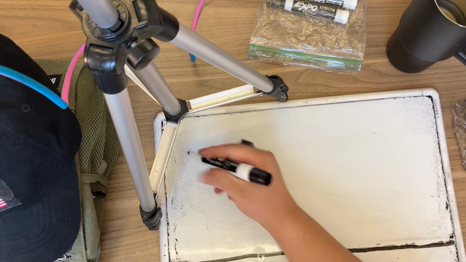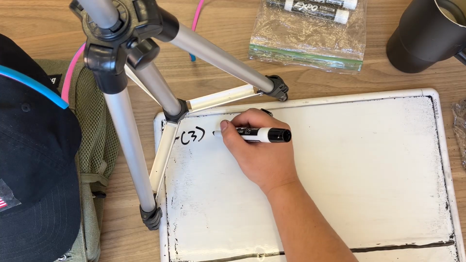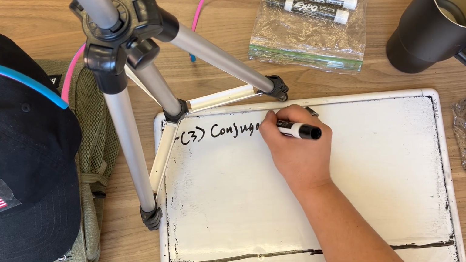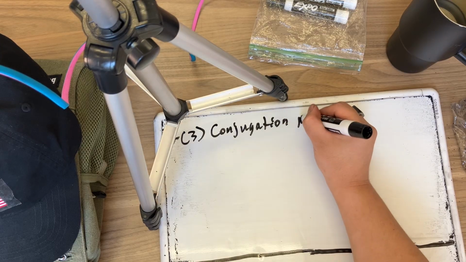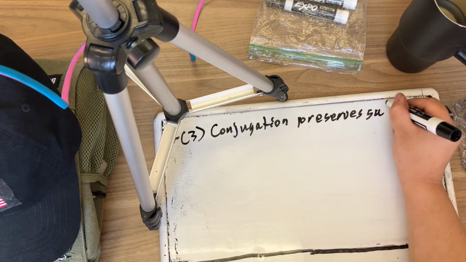So for part 3, we want to show that conjugation preserves subset sizes.